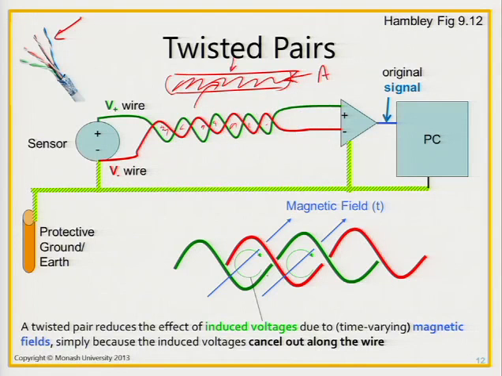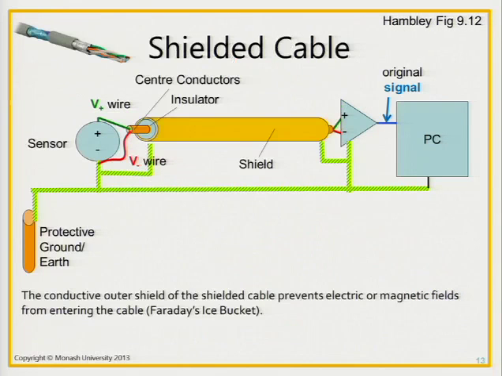And in fact, any magnetic field that couples into one particular loop gets undone when it couples into the next loop because of the way the wires are twisted. That's the reason why, when you're carrying signals long distances, pretty much all wires are twisted together. So that gets rid of magnetic field noise. Another way you can get rid of noise.